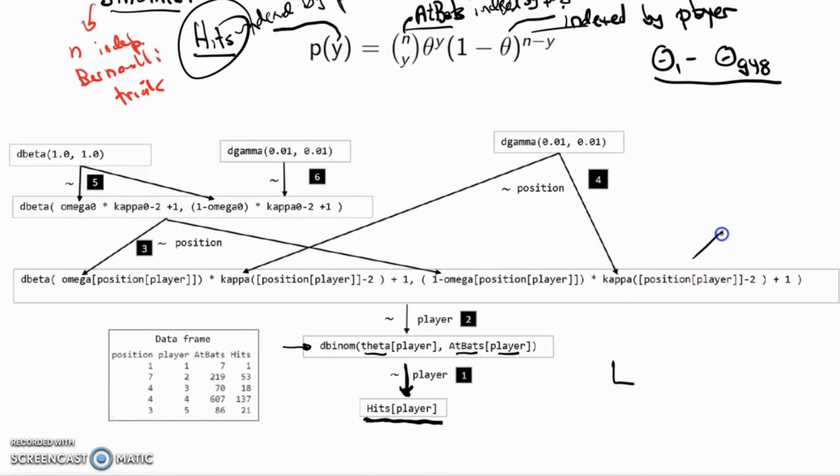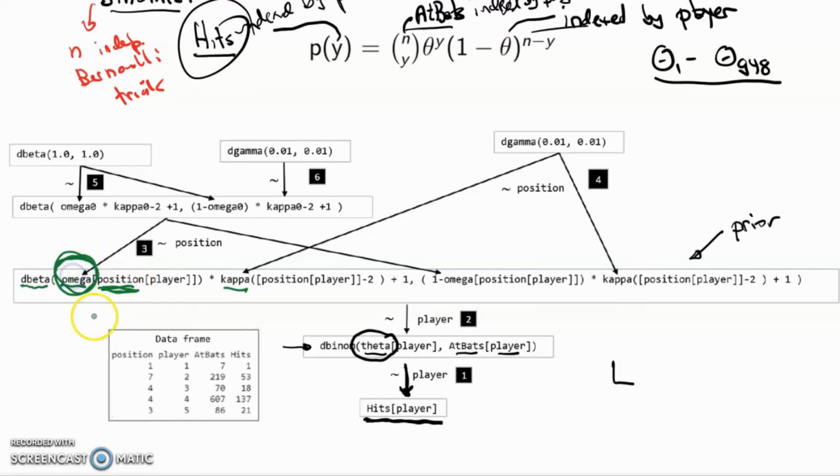And then we've got our prior. What we're thinking about is the prior for theta, and we said that was going to be a beta distribution with parameters omega and kappa. And again, our focus is going to be on omega. And we note that omega is going to be indexed by position, so we're going to have 9 different omegas, one for each one of the different positions.